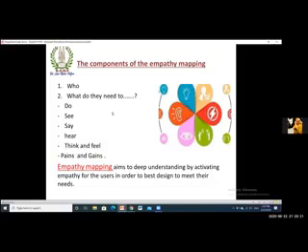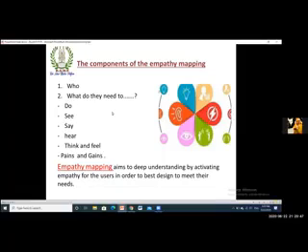What do they need to say about their goal? What do they need to hear about their goal from their family or friends? What do they think and feel about how they accomplish this goal? Pains and gains. Pains means fears and frustrations. Gains means hopes and dreams.